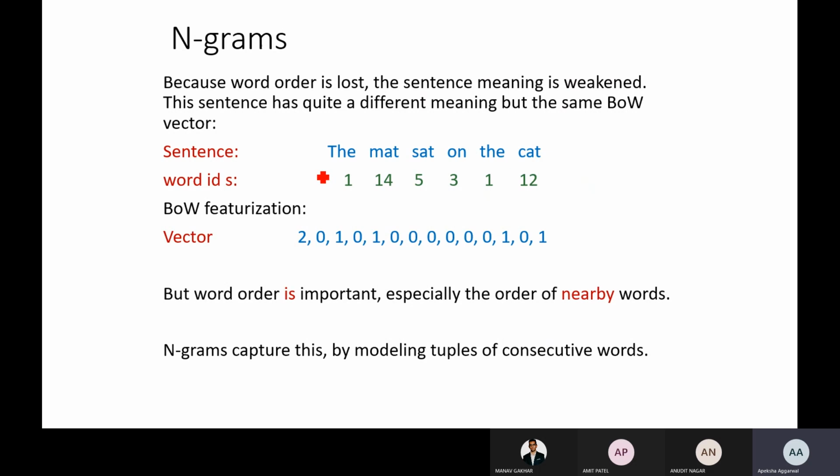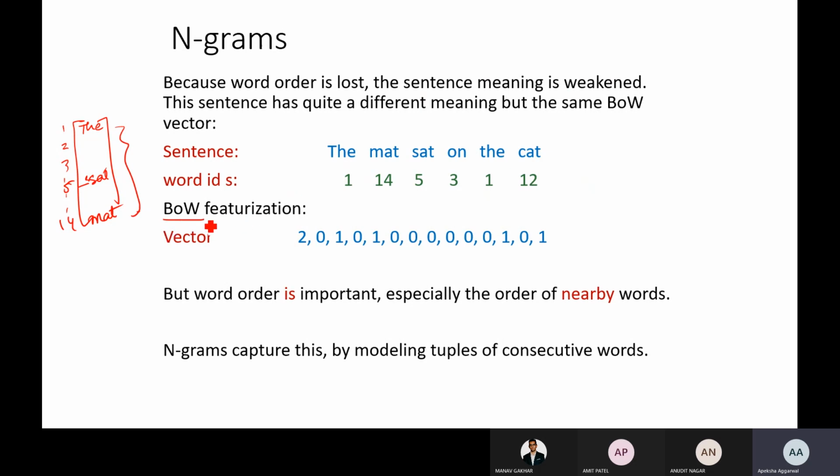If I talk about the bag of words model, the sentence is: the mat sat on the cat. The vocabulary size is maybe 14 words, 1, 2, 3, up to 14. The was appearing in the first place, mat was in the 14th place, sat was in the 5th place. Okay, so this is my vocabulary.